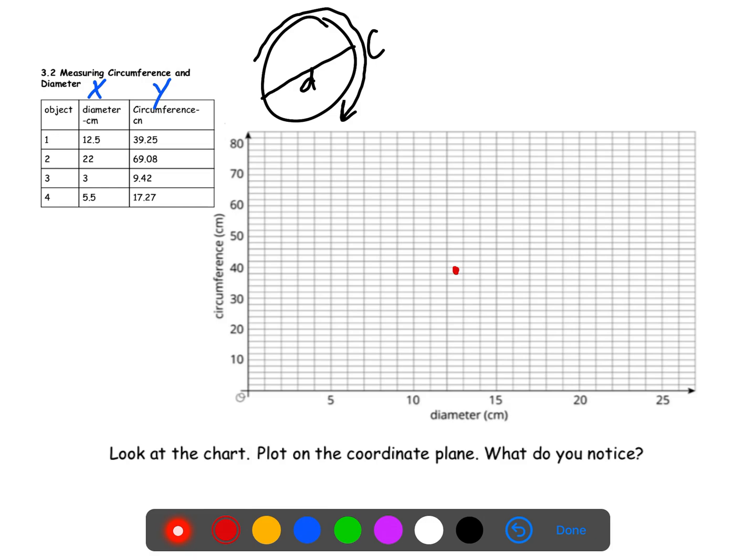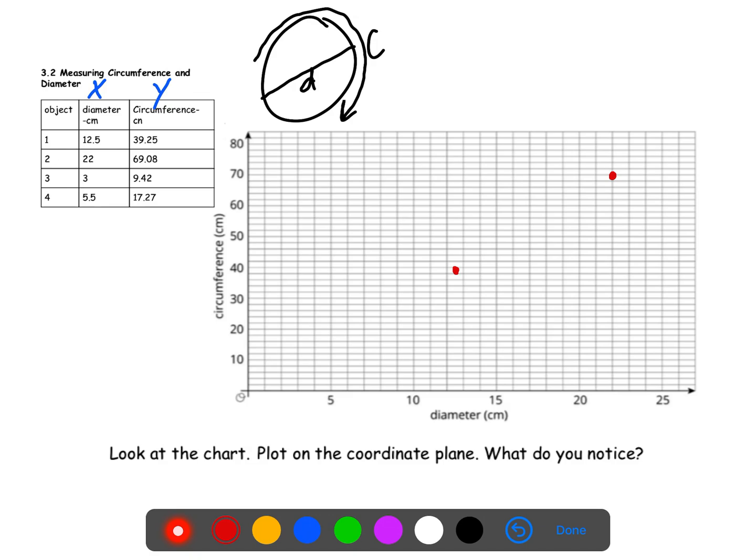Now let's look at object 2. The diameter is 22 centimeters and 69.08 centimeter circumference. So 22 up to about 70 again would put us right here. Boy, this is really tough to be precise. For object 3, we've got a much smaller circle.